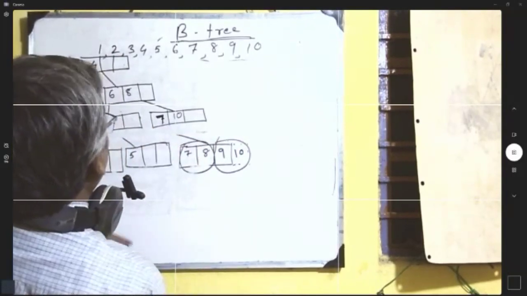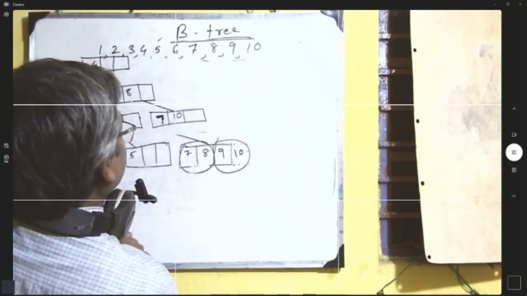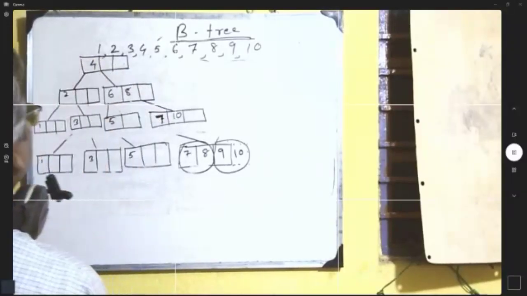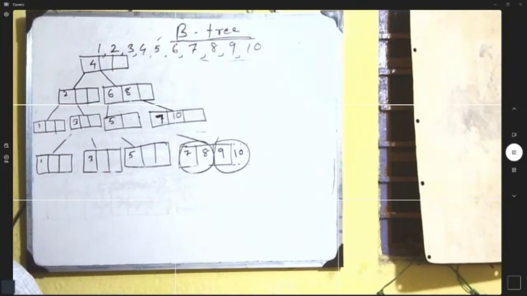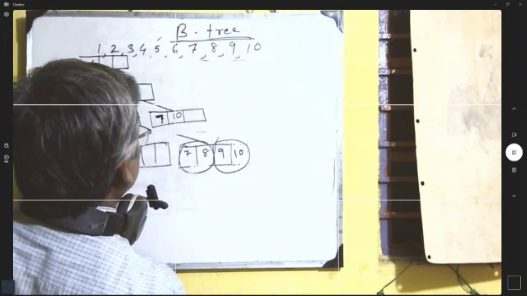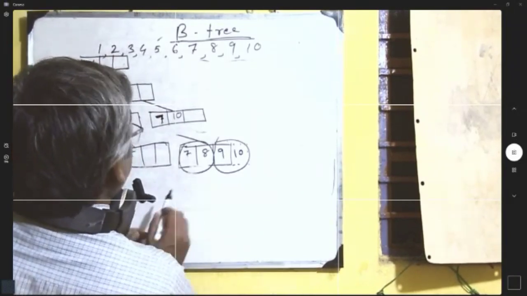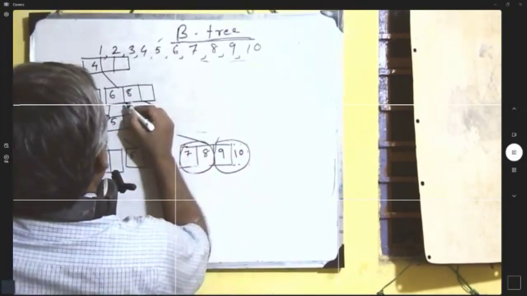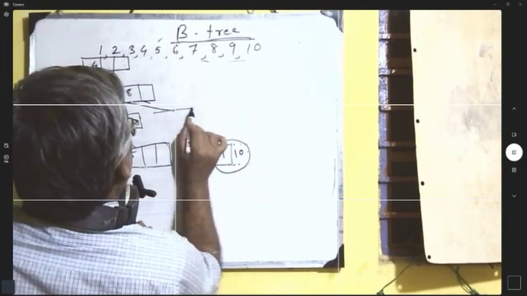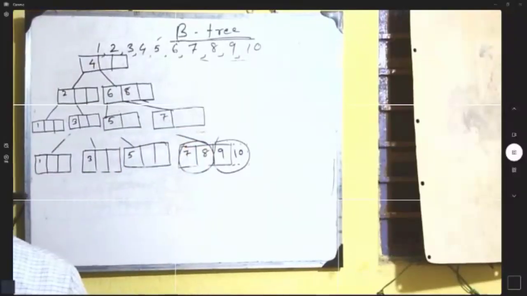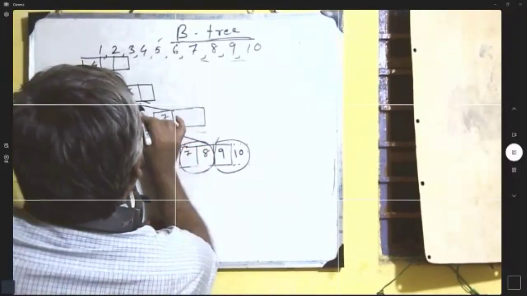So 7 is the right child of 6, and 9, 10 is the right child of 8.